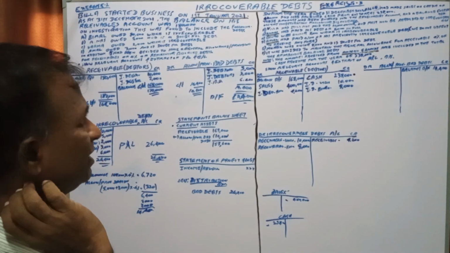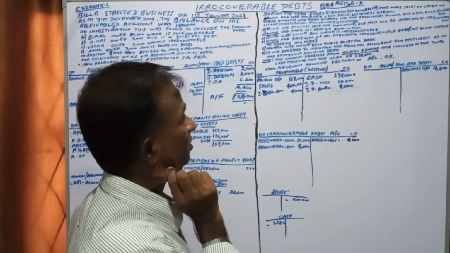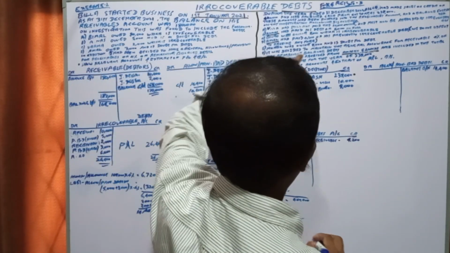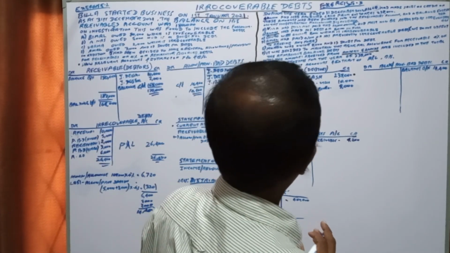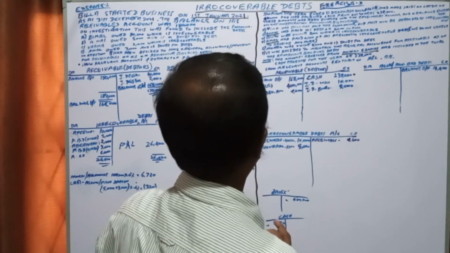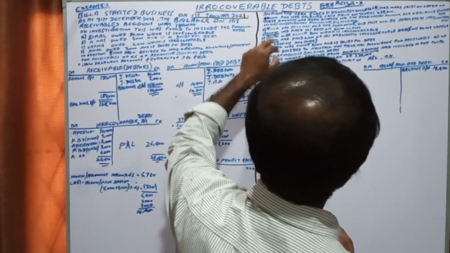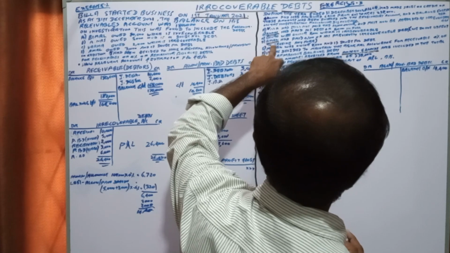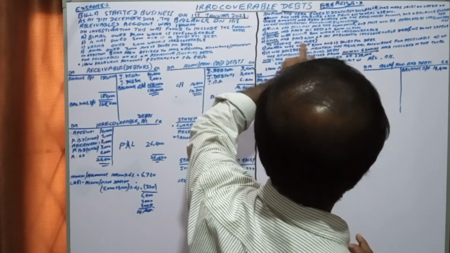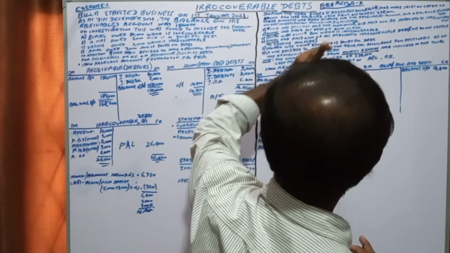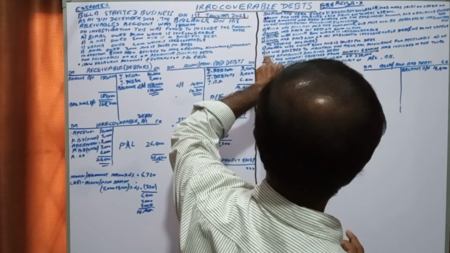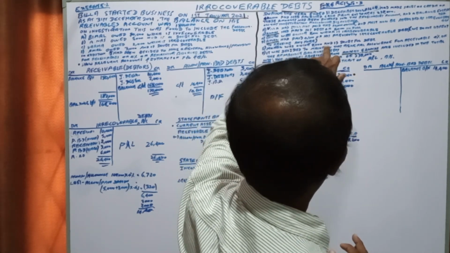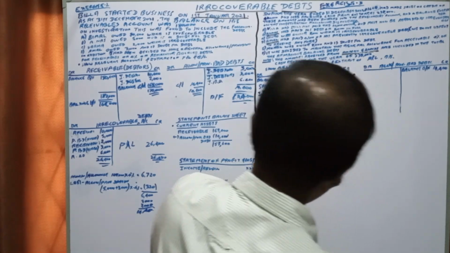We are going to treat this as a doubtful debt, not irrecoverable. Anas, Aman, bingo.